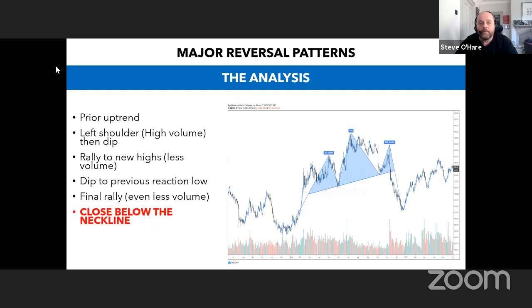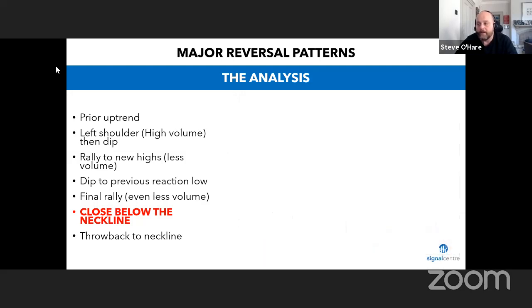Remember, one of the key important things about a head and shoulders reversal is that the close below the neckline confirms the formation. Not before that is it a clean head and shoulders reversal formation. Also remember, on a lot of head and shoulders formations, you do get a throwback. I'll explain a little bit more about that in a minute.